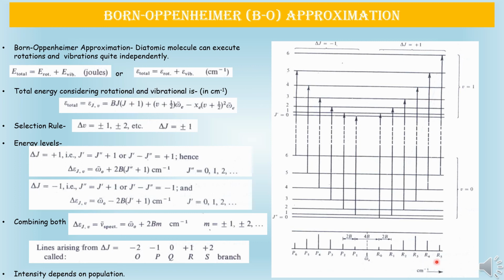Here the lines are described as: if del J varies as minus 2, minus 1, 0, plus 1, plus 2, then the corresponding branches observed in the spectrum are known as O, P, Q, R, S respectively. An interesting thing you can see from the spectra is that we can always tell that P4 is the line where the intensity is highest.